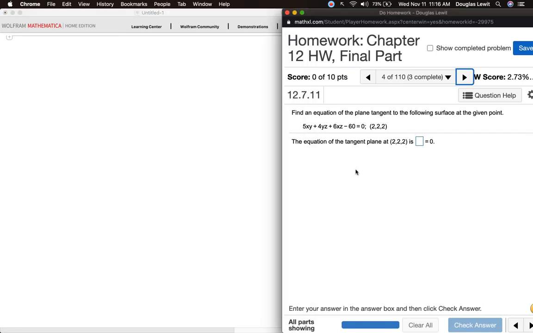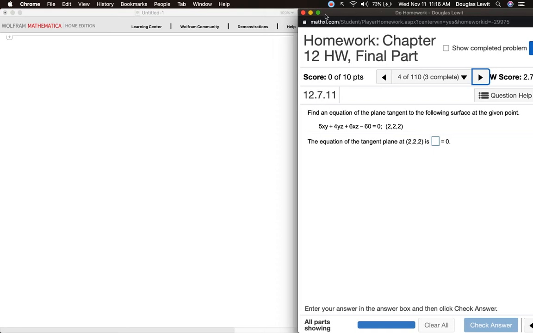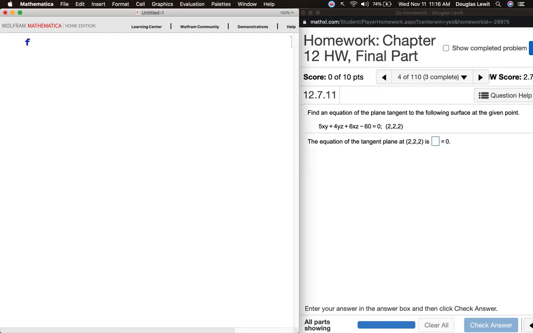So let's see. Partial derivative of f with respect to x. With respect to x, let's see, 5y plus, okay, 4yz from the point of view of x, that's a constant, so the derivative is going to be 0. And let's see, 6z. Okay, I'm just going to define it that way.